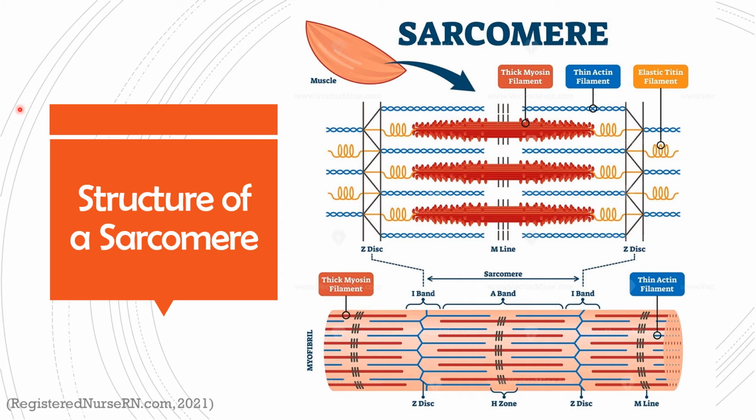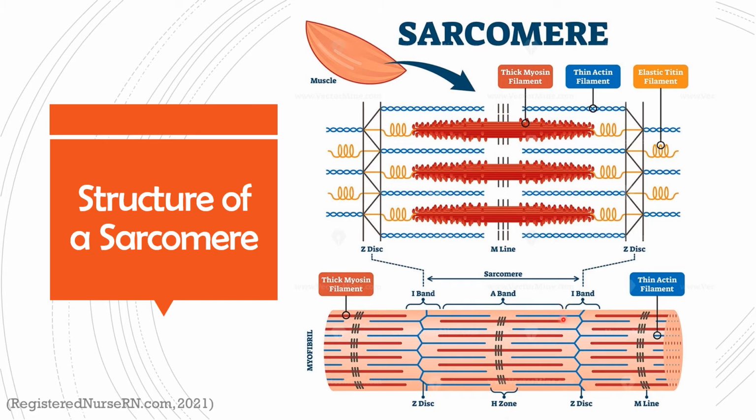Next, we'll talk about the A band, and that is shown right here. So it's this segment that comes right to the end of our thick filaments that are in the red. First of all, they're called A bands, and each section contains the entire length of the thick myosin filament, which is in that red, along with the overlapping portions of the thin actin filament, which is the blue.